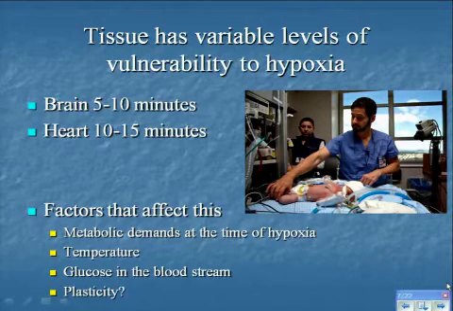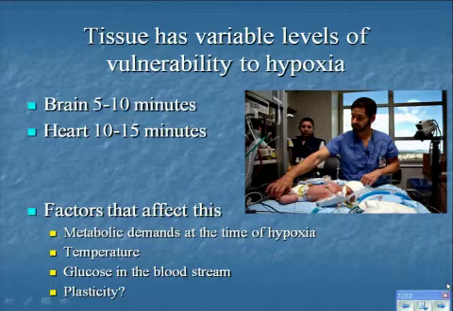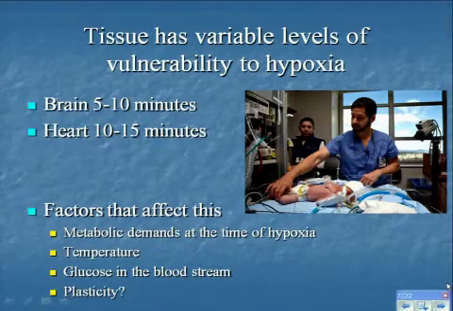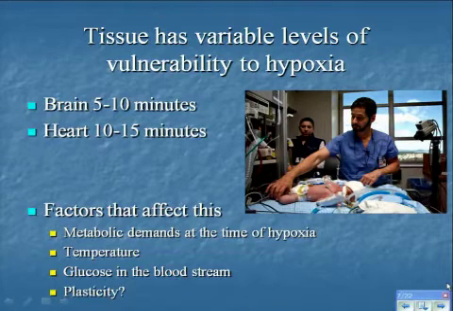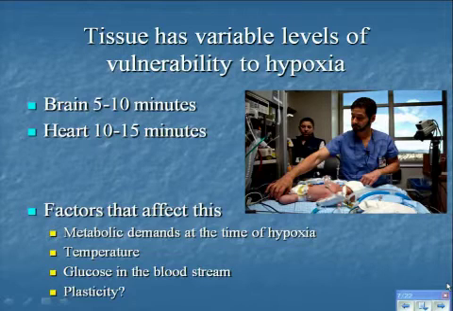Now, just because the heart's still going in somebody who has arrested on you, it doesn't necessarily mean that the brain's going to survive. And a lot of you have worked on patients that have been hypoxic on arrival to the emergency room or the ICU, and then had aggressive CPR done, and then they were brought back and brought to the ICU, where you find out that the person has suffered a hypoxic brain death.